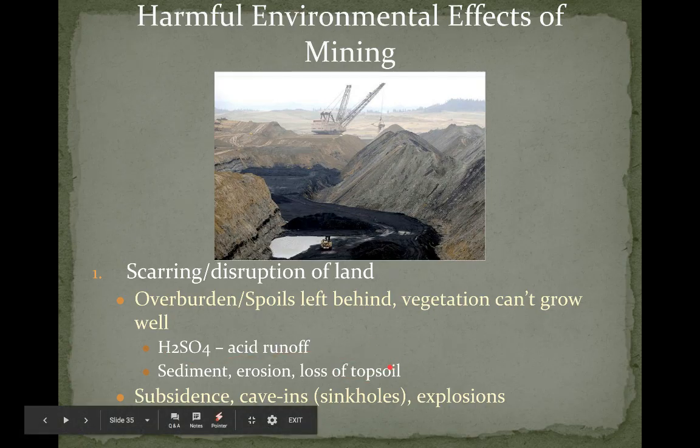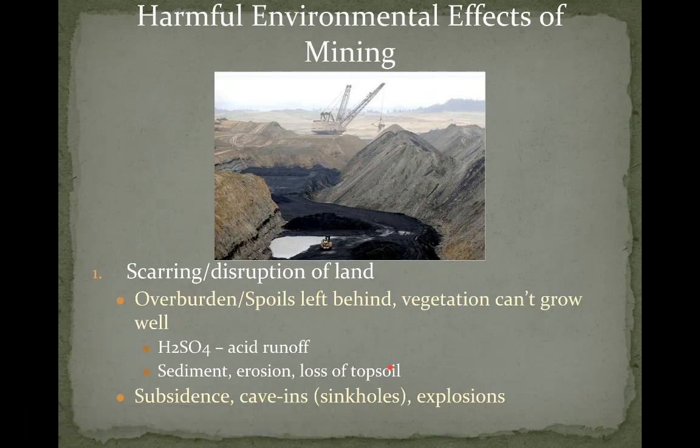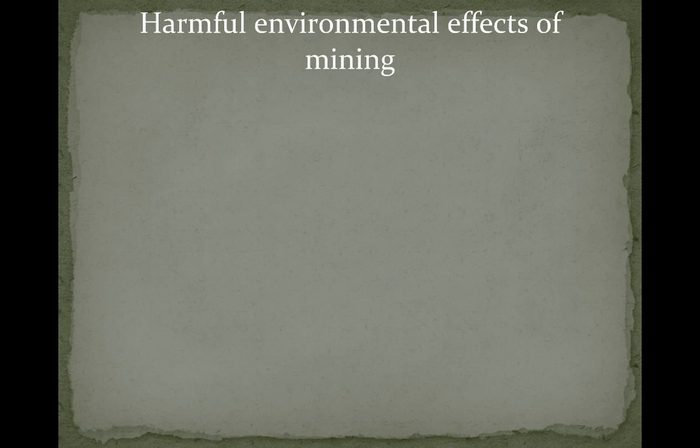We talked about topsoil, how essential it is, not only for the earth, but for human species and growing crops and things of that nature. A lot is lost. And subsidence, what happens, just imagine if you're digging deep inside the earth, a certain material, whatever's supporting the top of the crust is going to fall out. So we see subsidence as well, sinkholes, things of that nature.